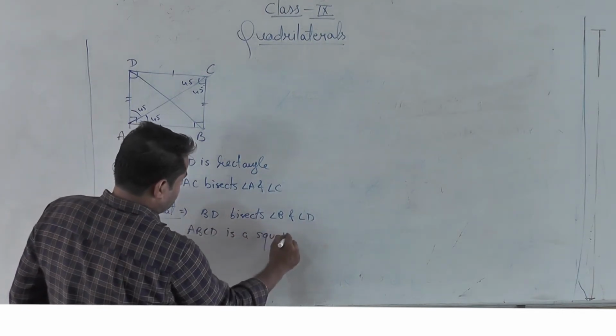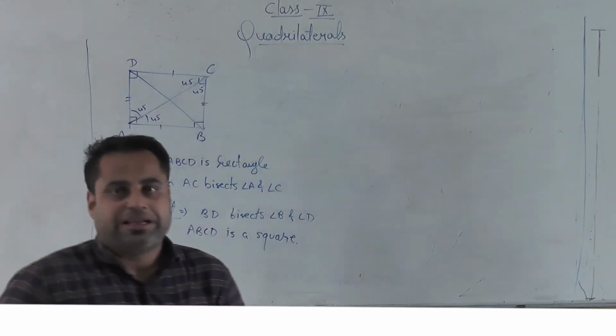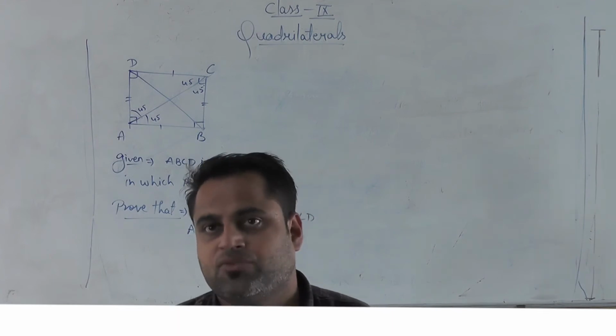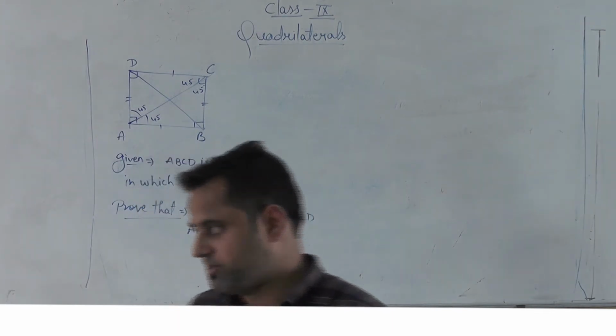These two things we need to show. Now think on it. If in a rectangle the diagonal bisects the angle, it will become a square. Okay, how is it possible?